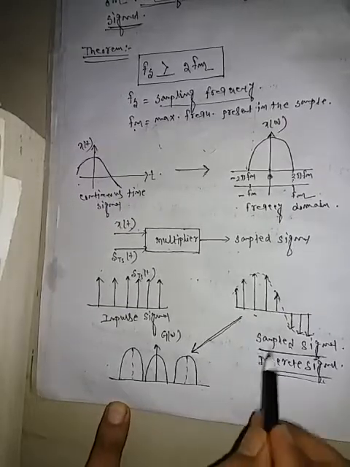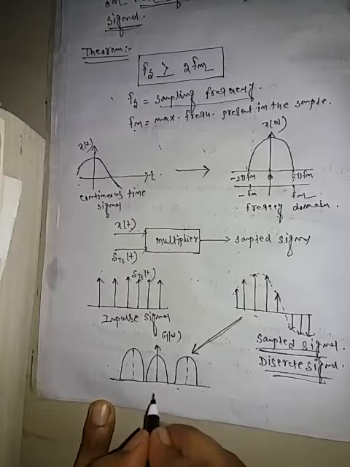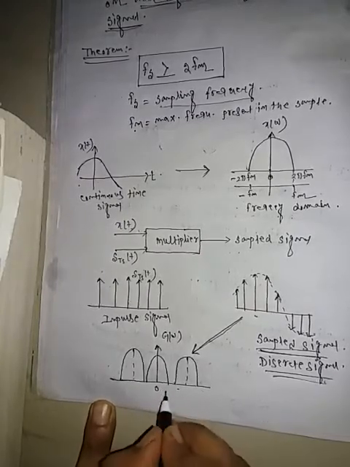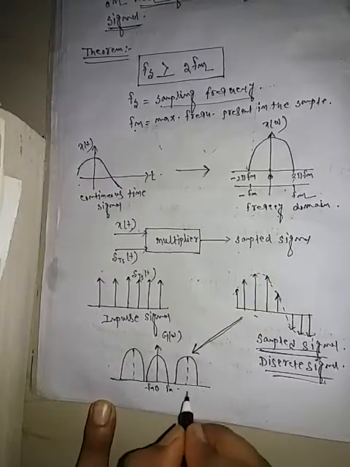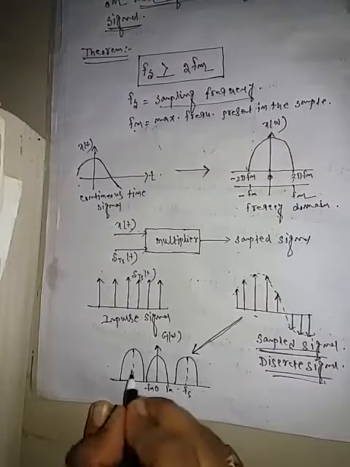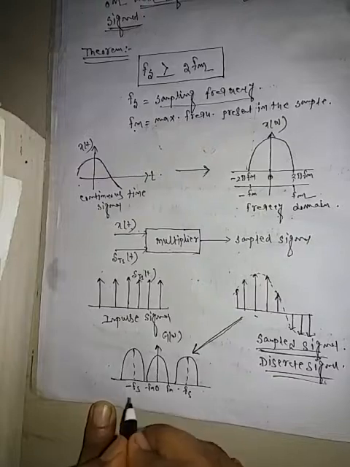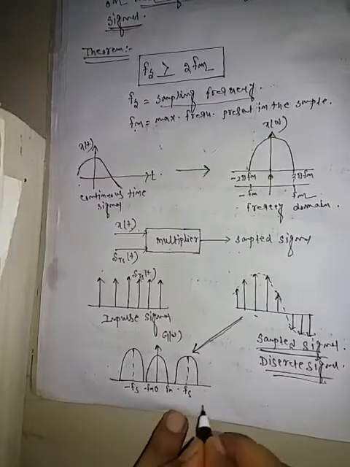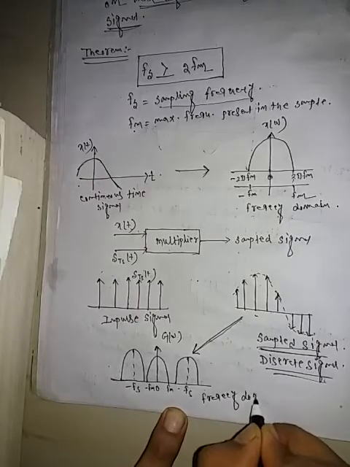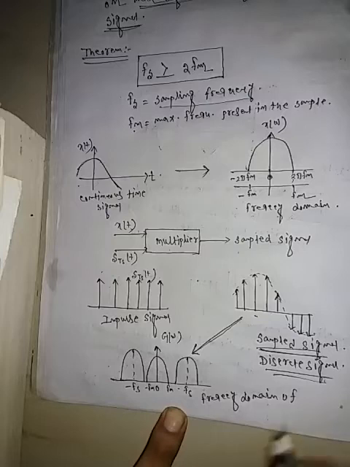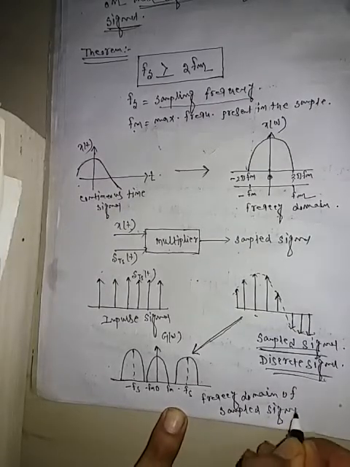This is the time domain signal of the sampled signal, and this is the frequency domain signal of the sampled signal. This is 0, this is Fm, this is minus Fm, and the middle portion is Fs. So this is plus Fs, and this is minus Fs. This is the frequency domain of the sampled signal.